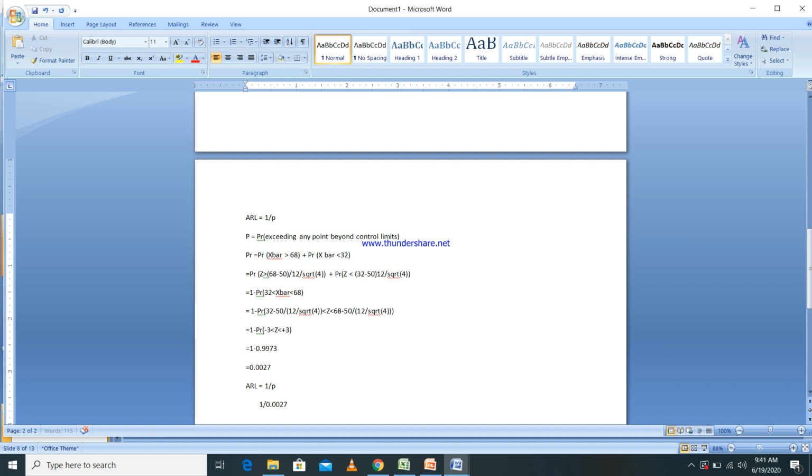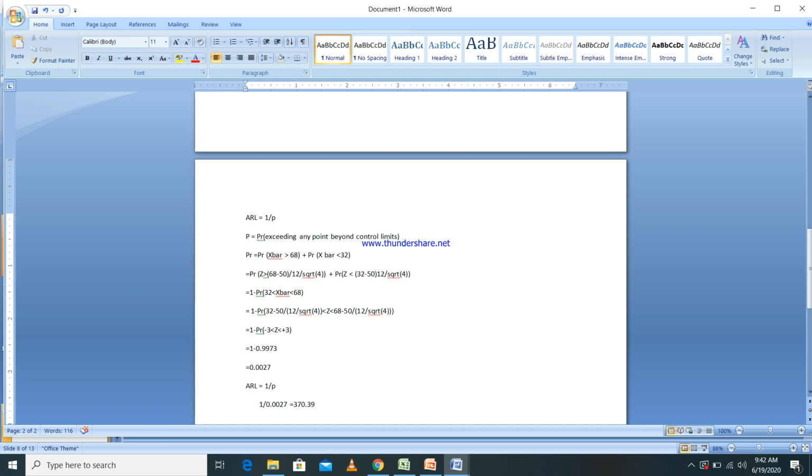So when you calculate 1 over 0.0027, you will receive, that is nearly 370.39. Right? This is the ARL value. That is on average, to receive an out of control signal, you have to at least take 370 samples from your process. Right? That is the meaning of this.